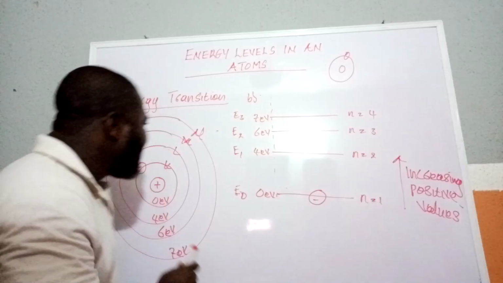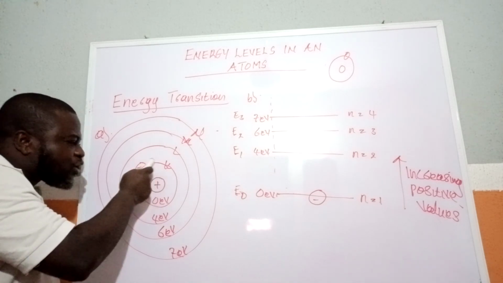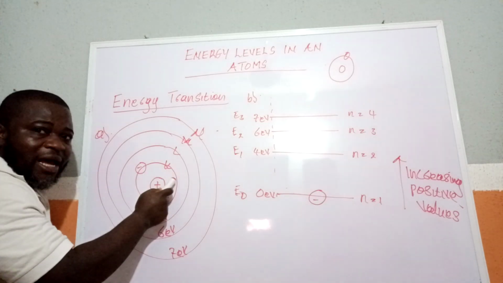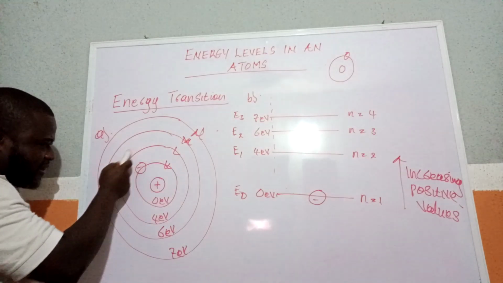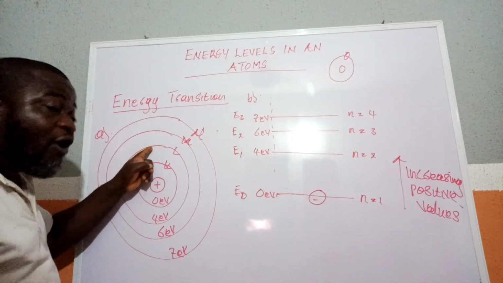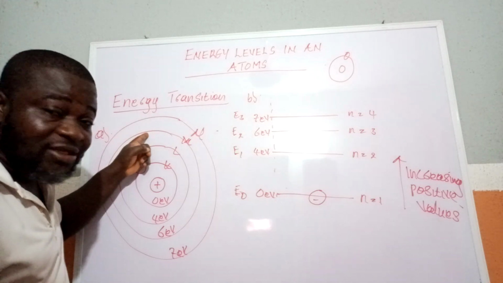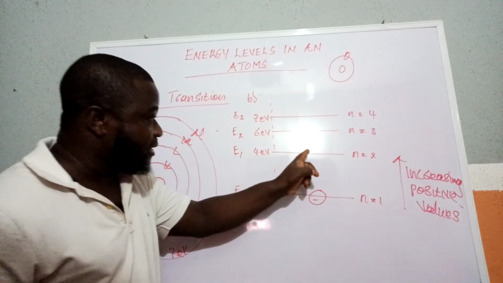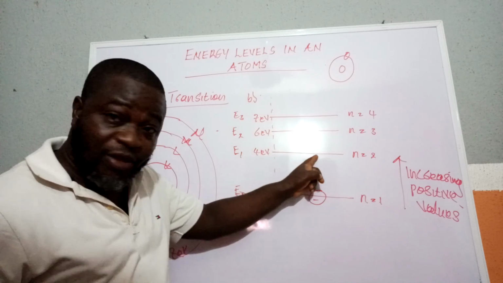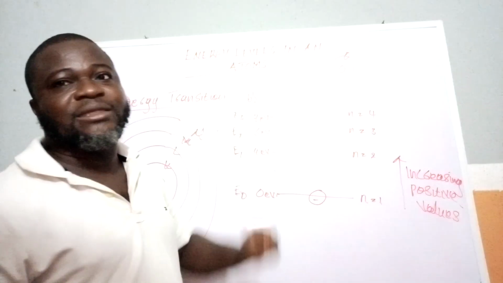Now, what they are saying, let us use this upper state. They call this the first excitation state, second excitation state, third excitation state. The same thing here: first excitation state, second excitation state, third excitation state.